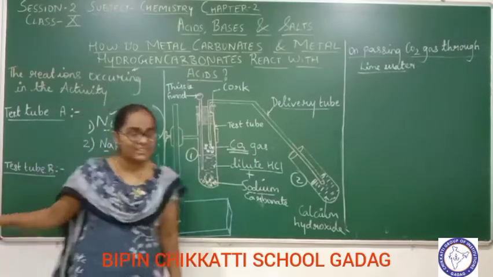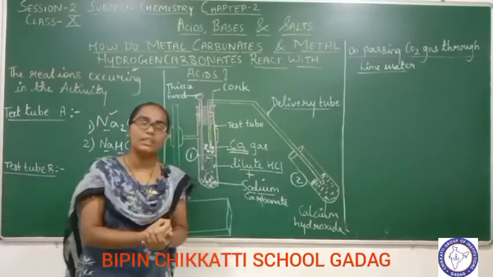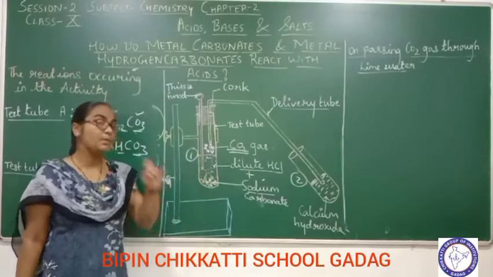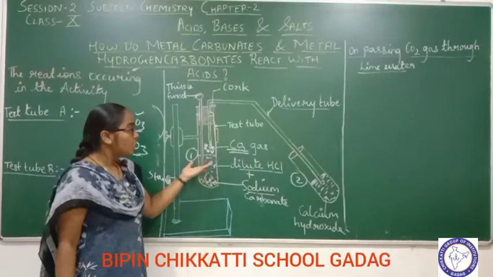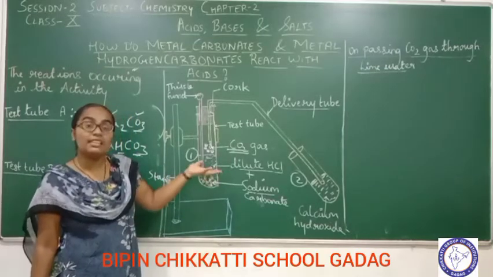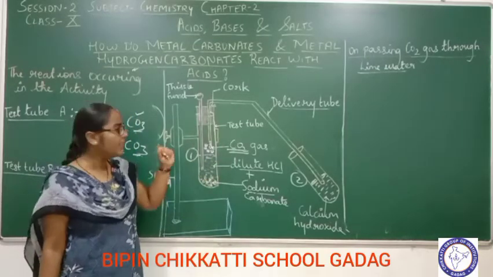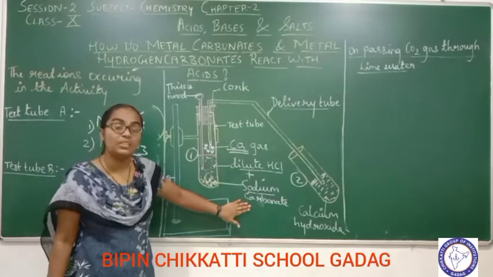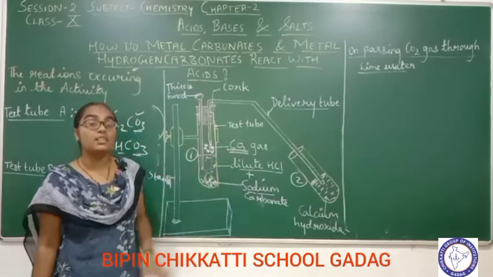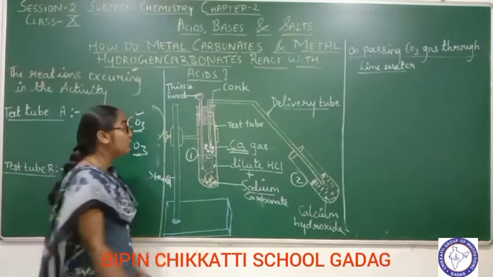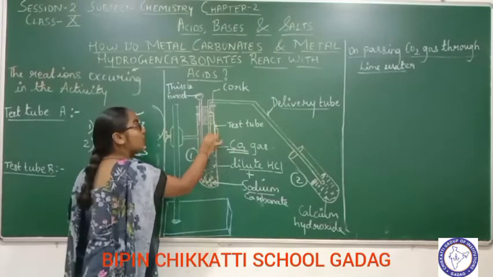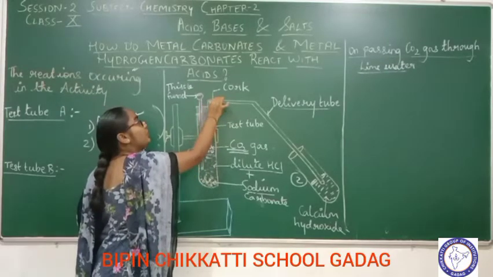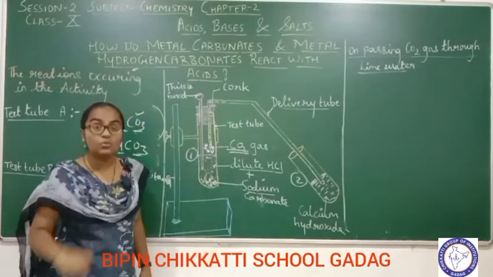We'll write down the reaction later, but try to understand from the apparatus point of view, from the assembly point of view. After the reaction, carbon dioxide gas is evolved. So when dilute hydrochloric acid reacts with the metal carbonate, sodium carbonate, carbon dioxide gas is evolved. When it is evolved, it passes through this delivery tube. Which gas is passing through the delivery tube?